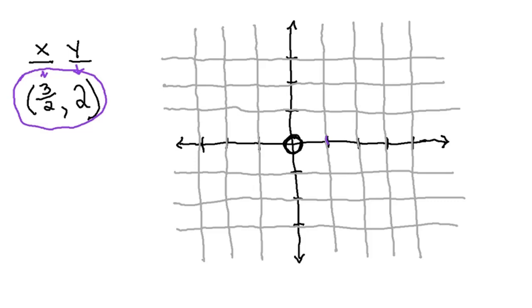When we graph this, this is the X line, the X axis. So we're going to start in the middle where the 0 is, in the center of the graph. And this 3/2 is positive. There's no negative sign. So we know we're going to go to the right on the X line, just like when we just graphed it on the number line. It's the exact same thing.